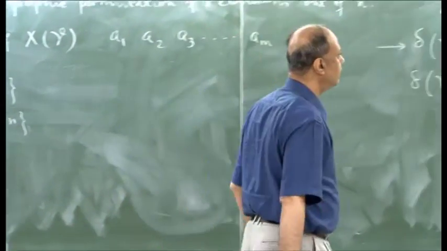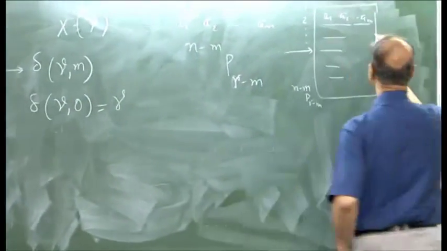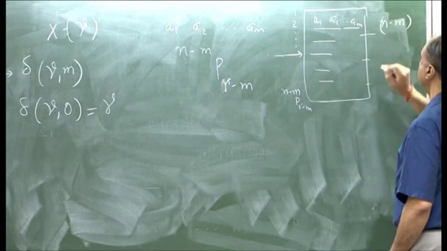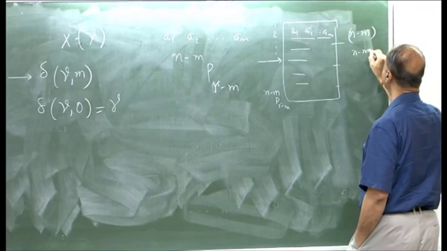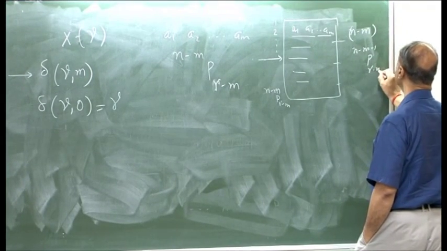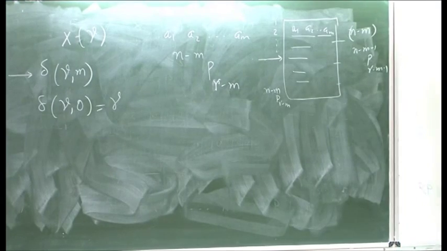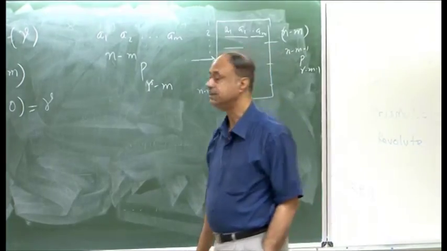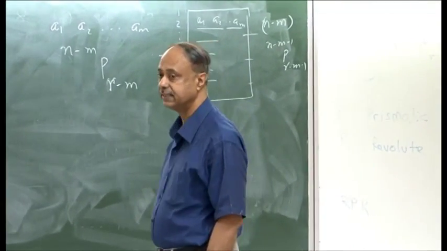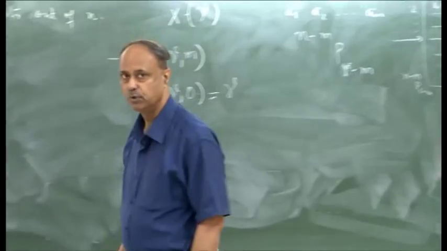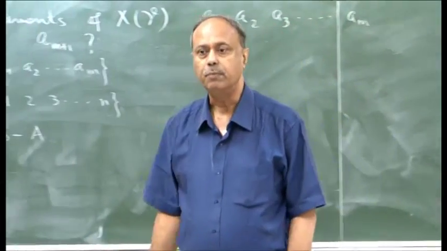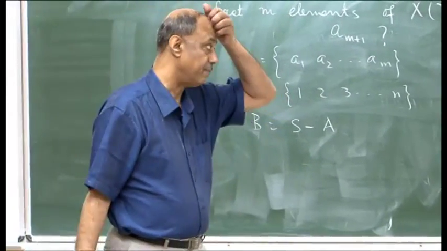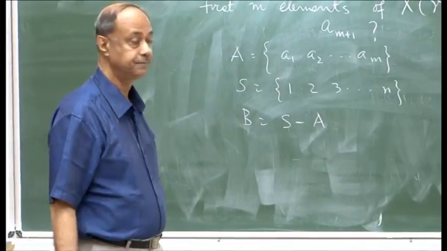That means this n minus m P r minus m, you will be dividing into n minus m groups. Each group has n minus m minus 1 P r minus m minus 1 permutations. In the last class also we discussed this one.